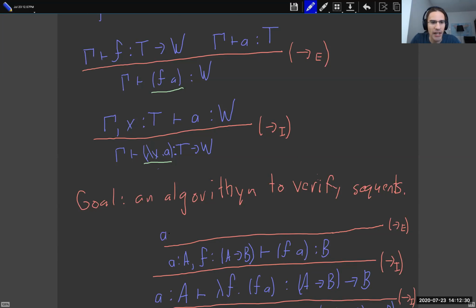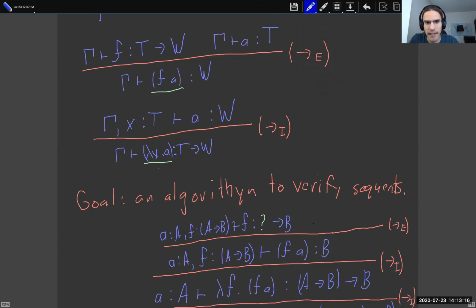Then, well, I know what gamma is. Gamma is in context A. Well, in context A is a proof of A and F is a proof of A implies B. I should have that F is a proof of, and then here's the issue, we don't know what T is, implies B, which is what W has been replaced with.